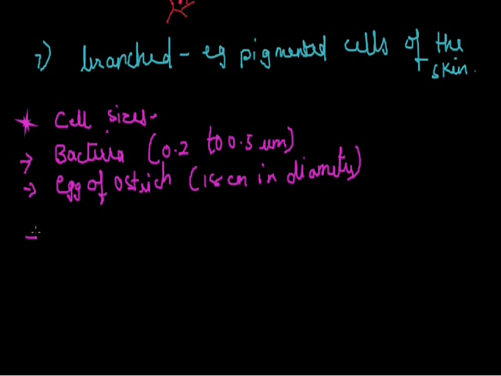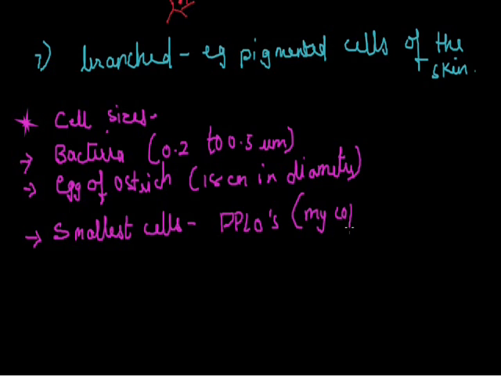The smallest cell known till today is that of the PPLOs, pleuropneumonia-like organisms, for example the Mycoplasma. They are about 0.1 to 0.5 micrometer in size.